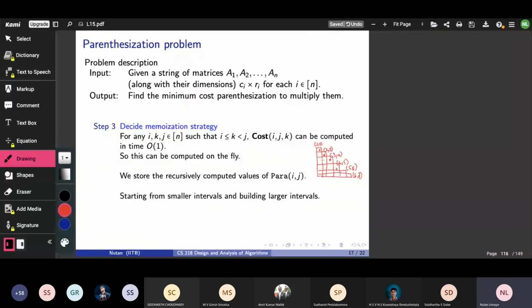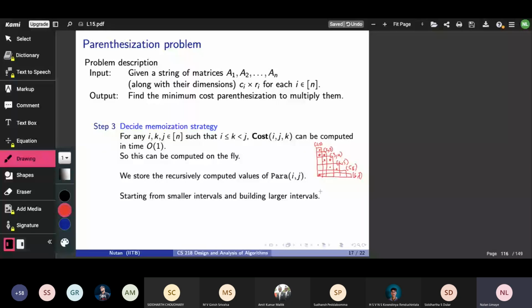And now I'll try to come up with this entry. This entry is the best way, or the smallest cost, required to multiply the first three matrices, 1, 2, 3. This is the best way to compute 2, 3, and 4, and so on. And I keep doing that till I'm able to fill this final value.